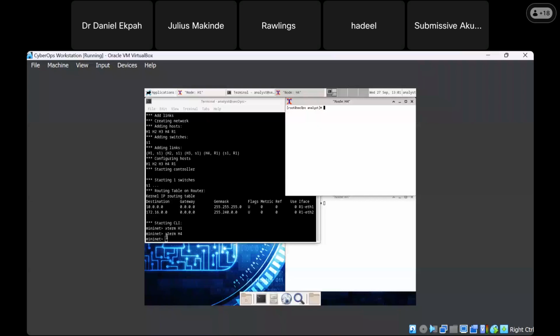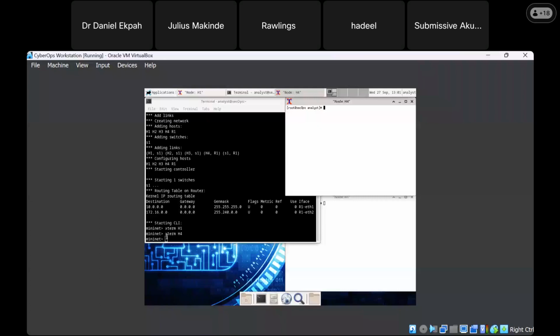Basically, we're trying to capture a packet using Wireshark and tcpdump. To call up Mininet, you have to use sudo lab.support.files/scripts/cyberops_topo.py, which I've just done, and then xterm h1 and xterm h2.